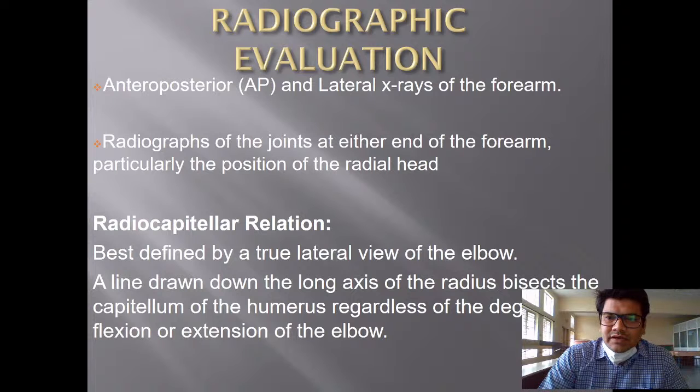So what is the relation between the radius and the capitellum? It is best defined in the true lateral view of the elbow. A line drawn along the long axis of the radius bisects the capitellum.